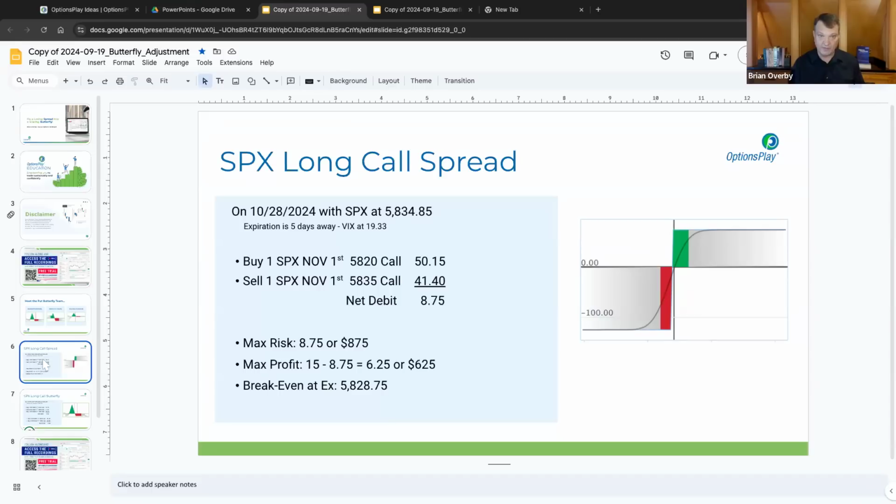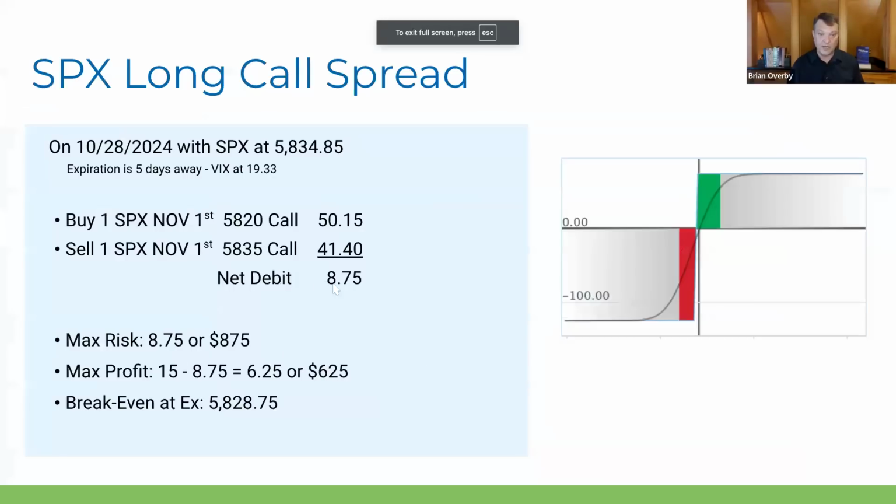I've already explained the benefits of being in the trade, in that if I pay $8.75, my risk is going to be that if the market stays above 58.28, which is, I'll do the math on that, and I'll make sure I got it right. 58.3485 minus the 58.2875.